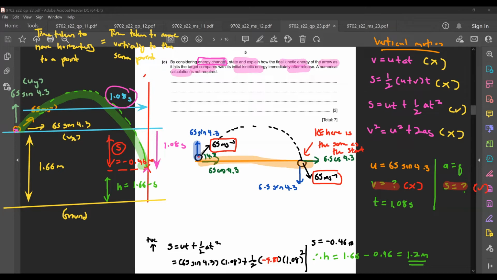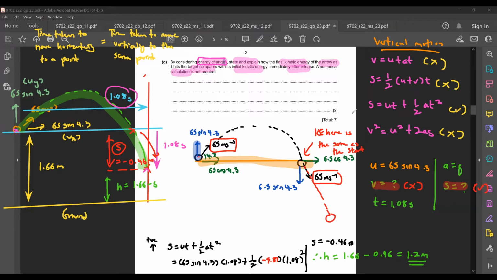Now here, when we did the question, we already realized that your arrow will actually drop way below the starting point. It will drop even further, right? So if I look at the diagram here, my object will drop down even further like this.